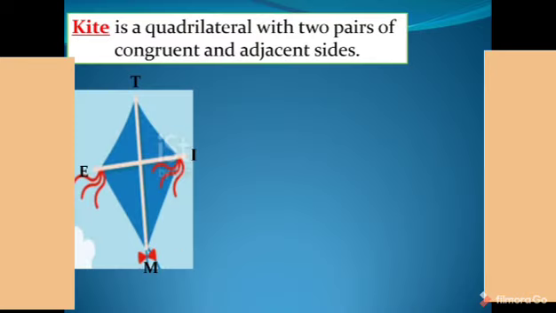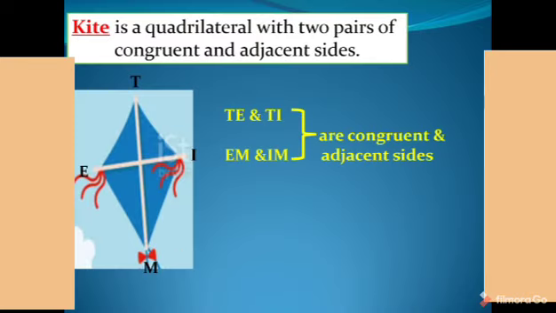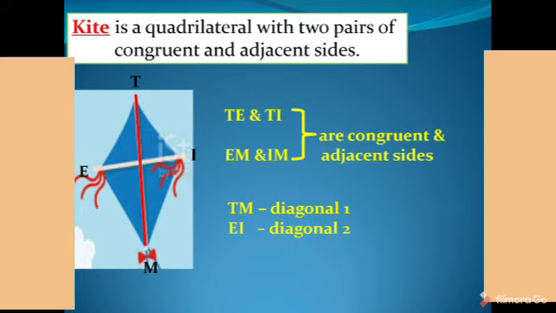Looking into the illustration, you have it there that segment TE and segment TI, segment EM and segment IM are the congruent and adjacent sides. In segment TM, we will consider that one as our diagonal 1. In segment EI, we will consider that one as our diagonal 2.